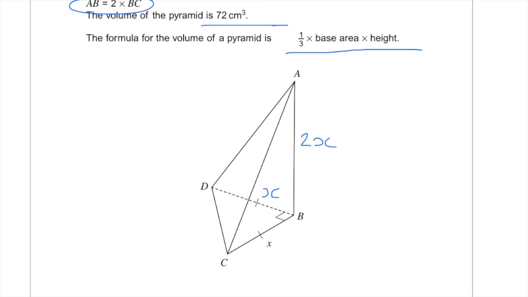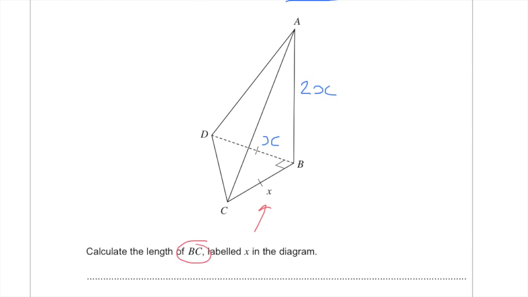So we have to now calculate the length of BC, which has been labelled x in the diagram. So we're going to use all of the information that we've got in order to set up an equation and then find x.